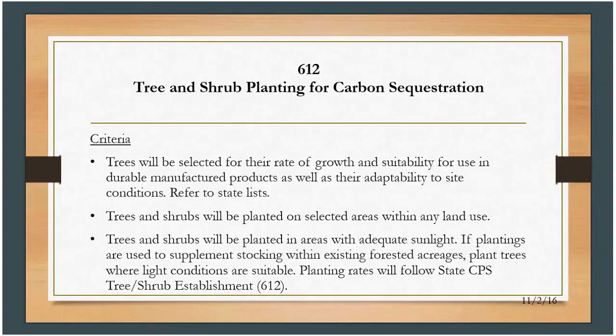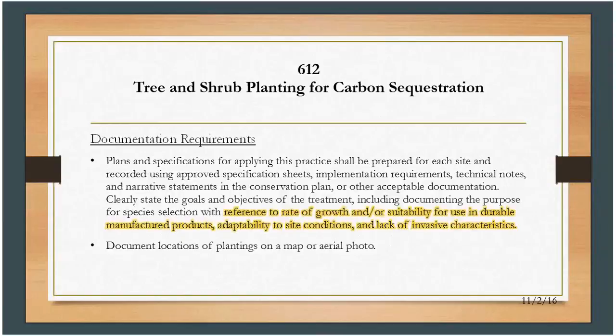I suppose that helps ensure the carbon remains sequestered. They can be on any land use with adequate sunlight, and follow the standard for 612, of course.